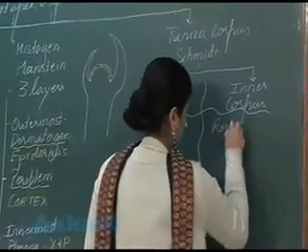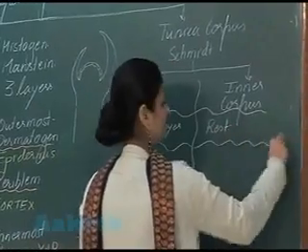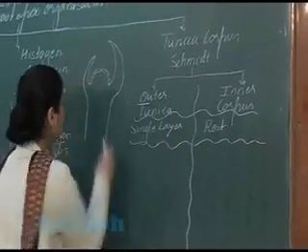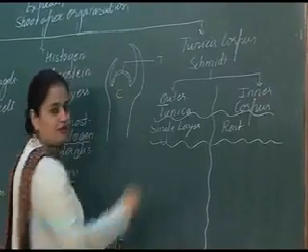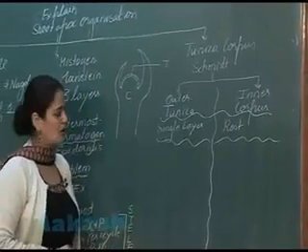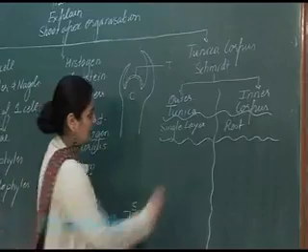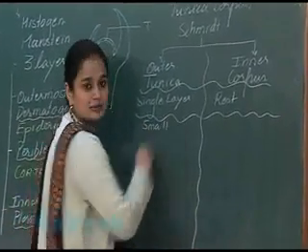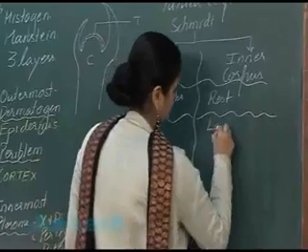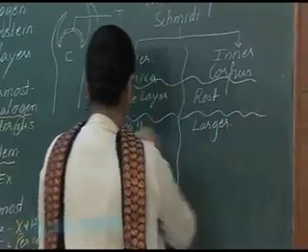Got it? Outer layer tunica, and inside everything which is present is corpus. Now the cells of the tunica are generally small in size. Corpus cells are larger in size.